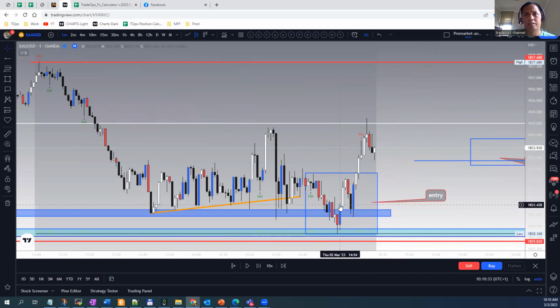You will feel that you are late, but don't worry, because there will be a pullback. If there is no pullback, then better not to trade. You should not chase that move up. It's very, very important to be patient in this trade. So here I could enter another buy.